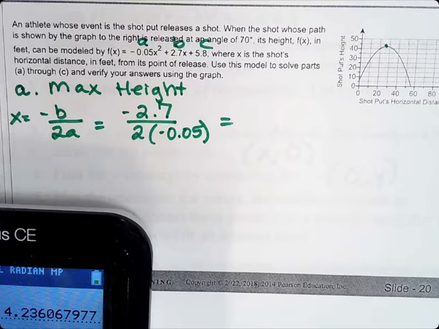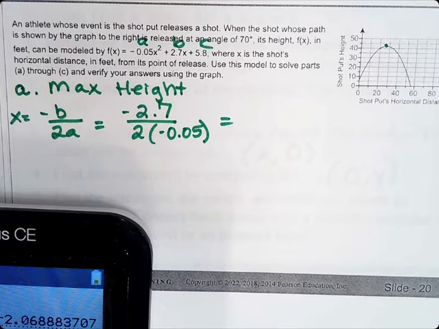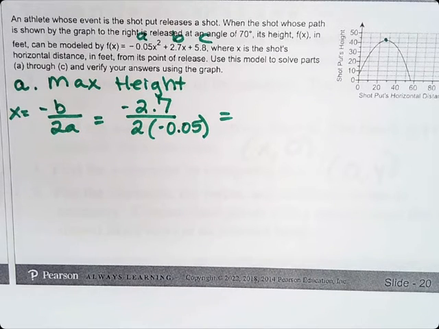Yes. Hold on. My bad. I thought I did this earlier and maybe not. Negative 2.7 divided by 2 times negative 0.05.